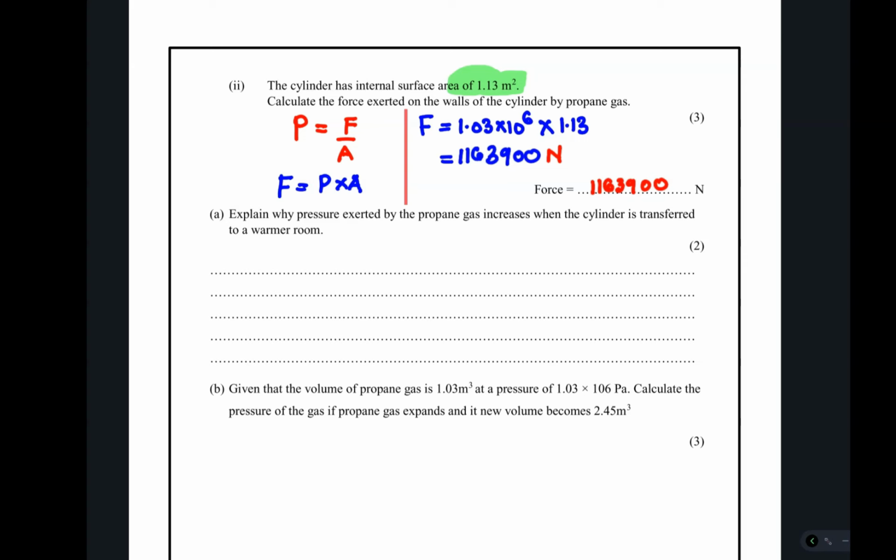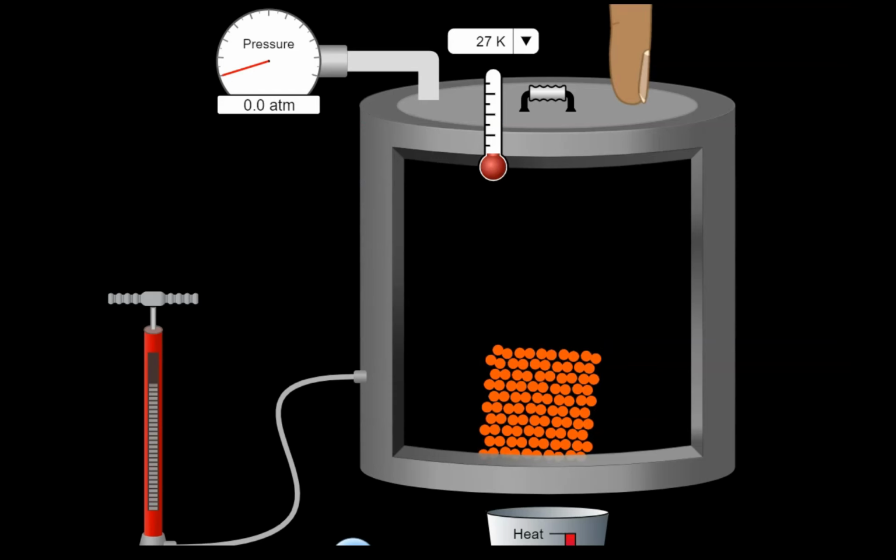Now, how does increased temperature affect the pressure? Pressure increases. In this question, we are supposed to justify why pressure increases. Remember, when you move this cylinder to a warmer room, temperature increases, and when temperature increases, it increases the kinetic energy.